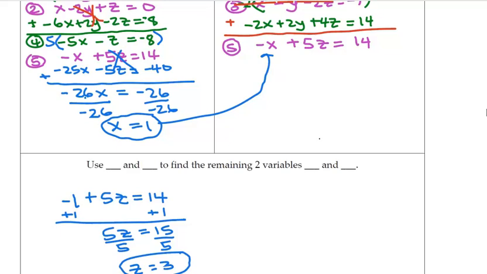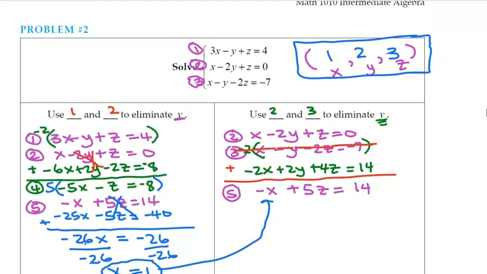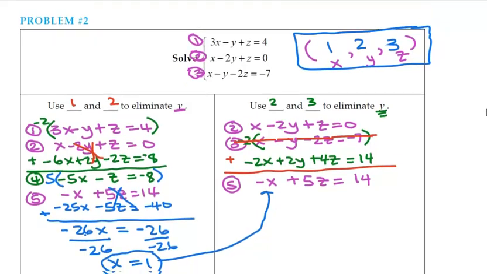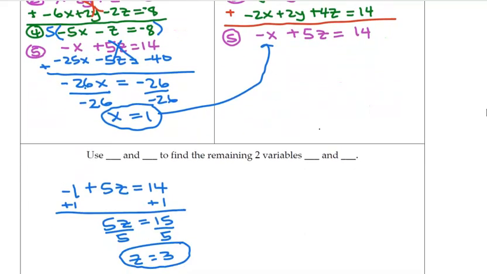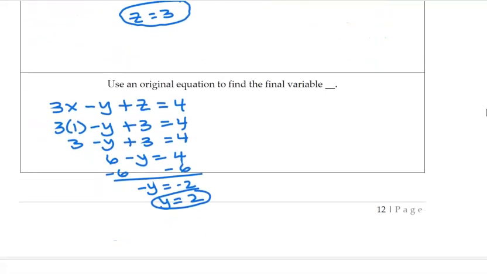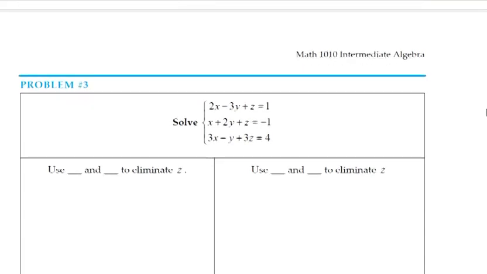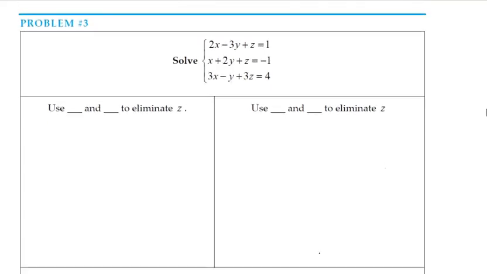I can't plug it into the original 3 because there are 3 variables there. If I plugged x into one of those 3, I'd still have 2 variables to solve for. So that's why we have to go to equation 4 or equation 5. And then once I know those 2, I can plug it back into one of the original equations to solve for that last variable.